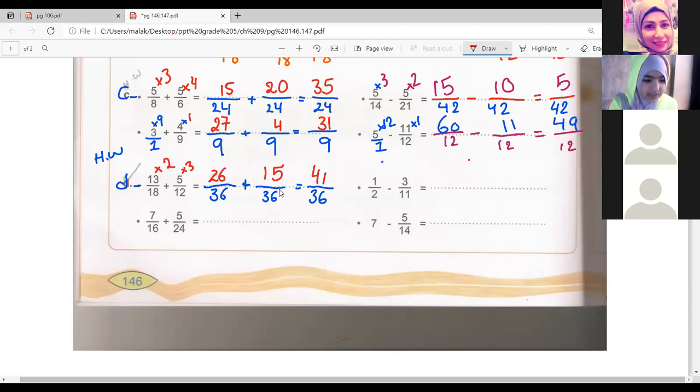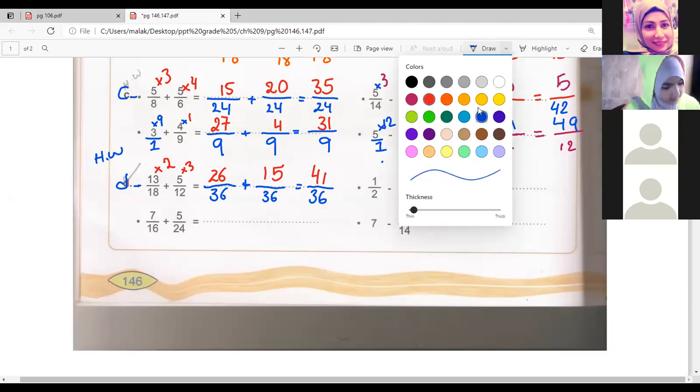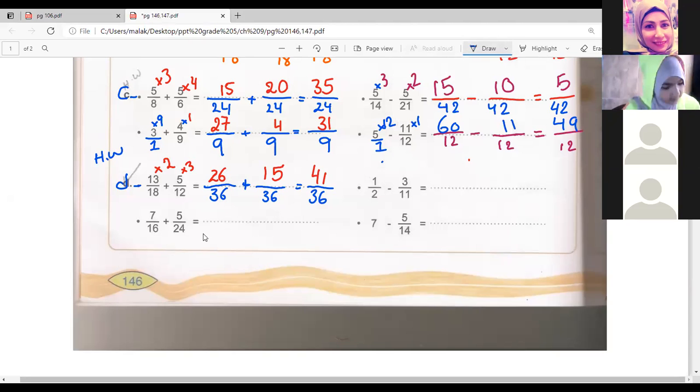Hello Hassan Darwish. Yes, teacher. What is the common multiple between 16 and 24?